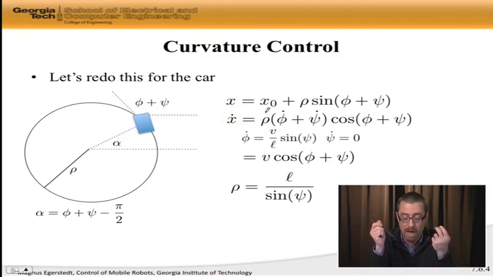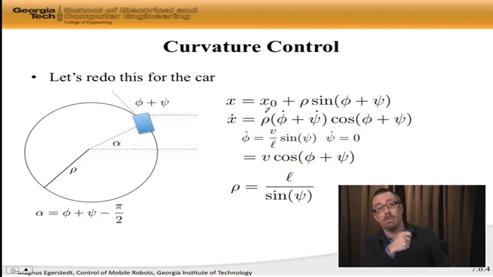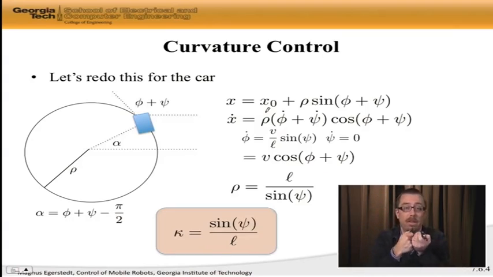So this becomes L divided by sine psi. And now we invert this to get the curvature. So the curvature becomes sine psi over L, where psi is this fixed steering angle we're driving at.